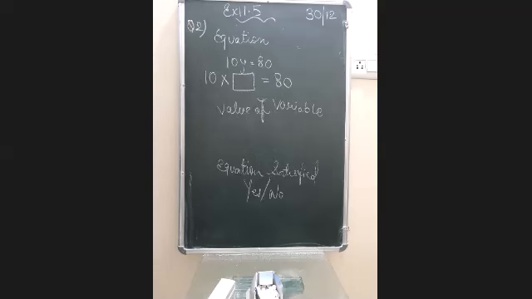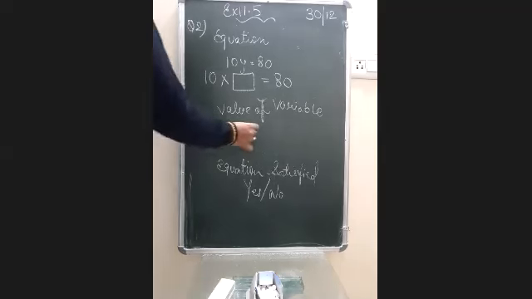Y is my unknown and I replaced this unknown with a box, then it gives 10 into box is equal to 80. Now what do you think? The question says y is equal to 10.